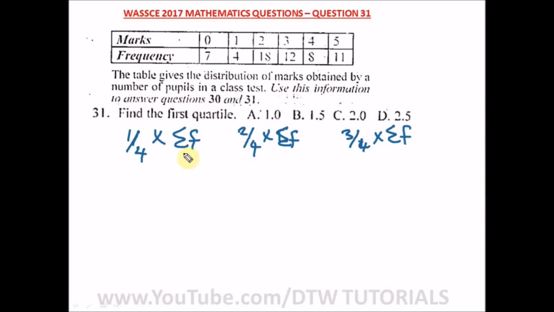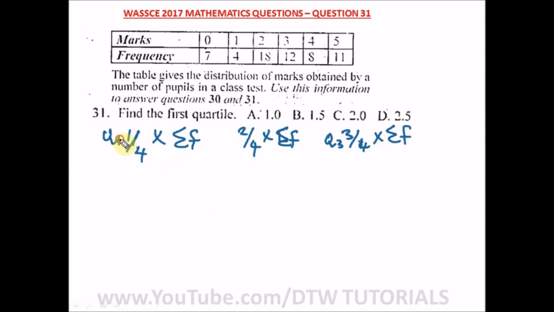So try to revise on that. Know your interquartile range. Your interquartile range is your third quartile, Q3, minus Q1, and your semi-interquartile range is Q3 minus Q1 divided by 2.